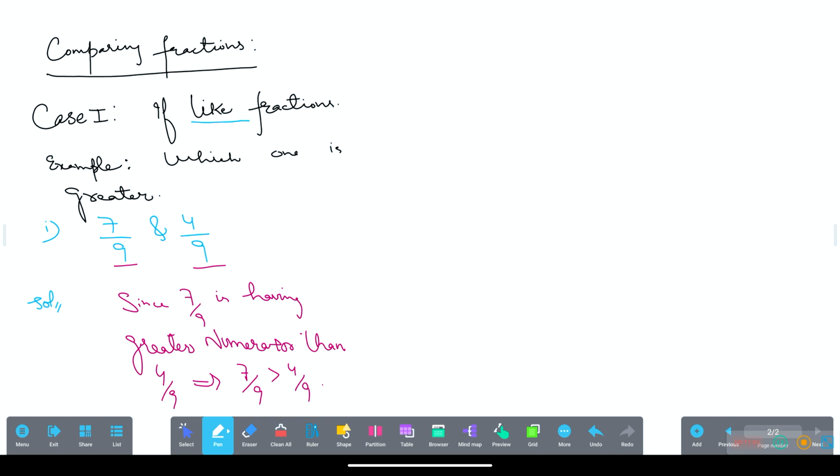One more example. I will take the second example here. Let me write 9 by 4 and 27 by 4. Solution I am writing.